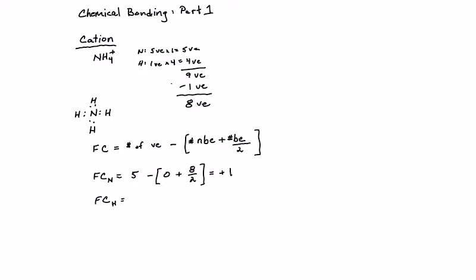We could have also done the calculation for hydrogen. We expect that the formal charge on hydrogen should be equal to 0, but let's make sure of it. Hydrogen has 1 valence electron. There are 0 non-bonding electrons. Plus, now here's the tricky part.